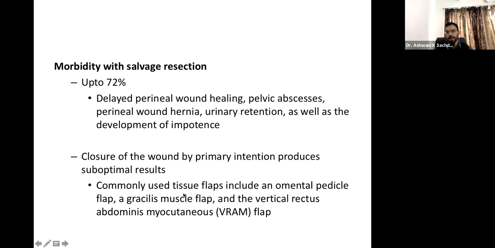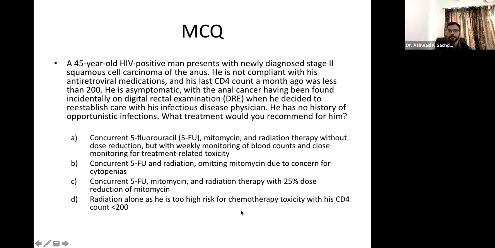The most common flaps used for covering the defect are omental pedicle flap, gracilis muscle flap, and VRAM flap. VRAM is vertical rectus abdominis myocutaneous flap. It is the most commonly used flap and it gives the best results among all the three. So VRAM flap is the preferred flap among the three for covering the defect.